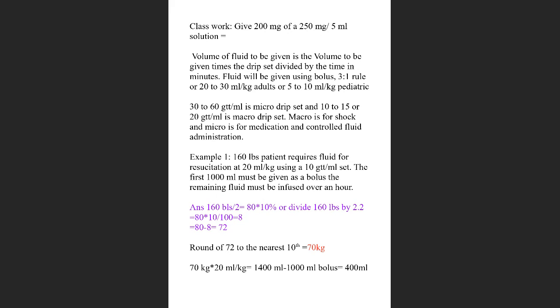So based on the formula, desired dose times volume divided by the amount of drug we have, it would be 200 milligrams times 5 mils divided by 250 milligrams. Milligrams will cancel milligrams. And if you work out the question, you're going to end up with 4 mils. So 4 mils is what we would draw up to give the 200 milligrams of the medication.